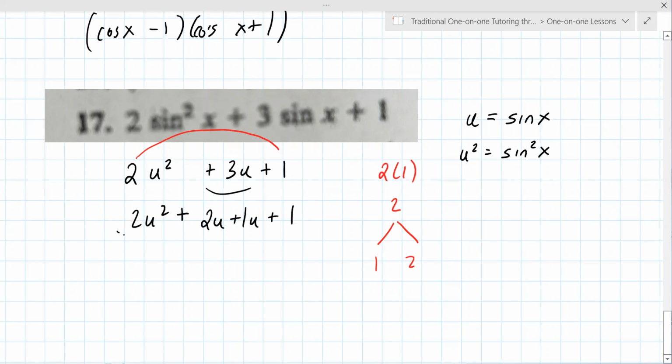And then you're supposed to be able to factor the first two with a GCF. Okay, and then you factor a 2u out of both, which leaves you with u plus 1, and then u plus 1.